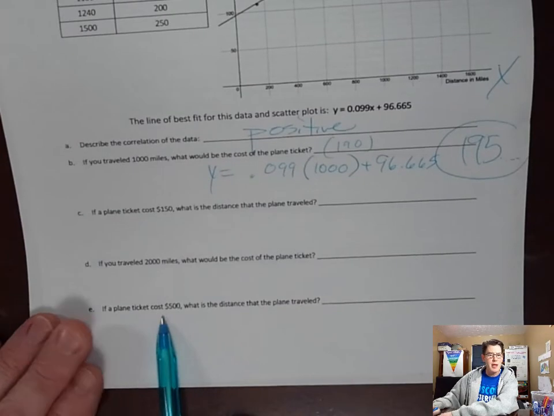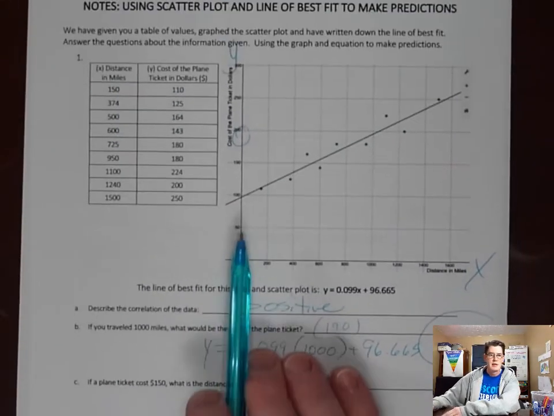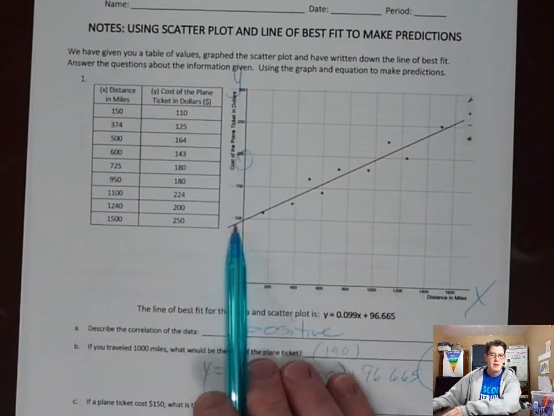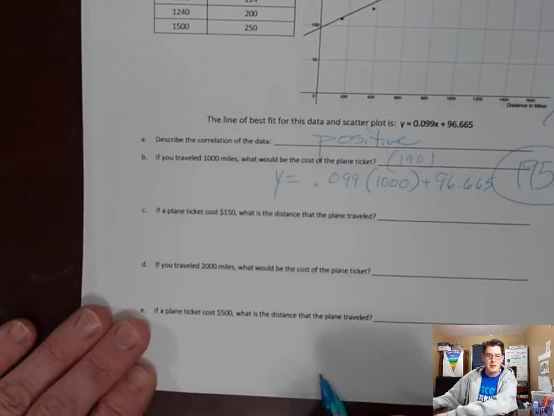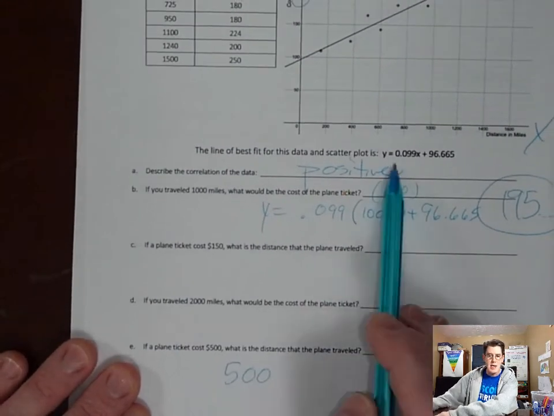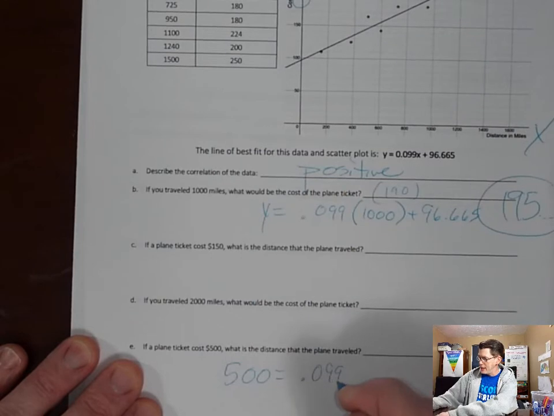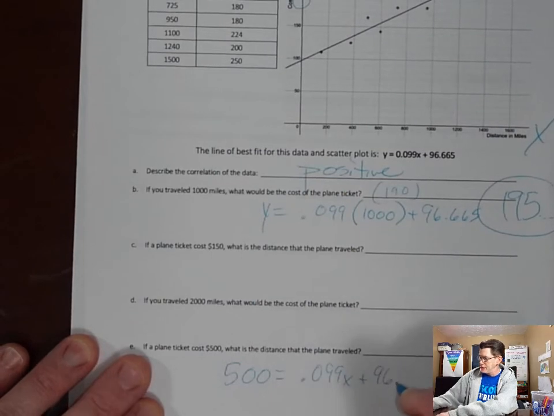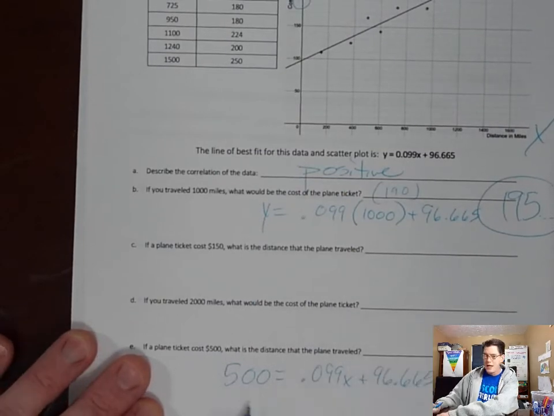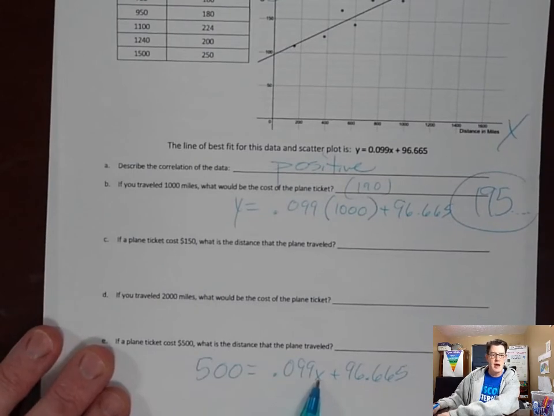On this one, if the plane ticket costs 500, make sure you put the 500 in the right place. The cost is the y-axis. So if the plane ticket costs 500, then y equals 0.099x plus 96.665, and we work that equation to solve for x.